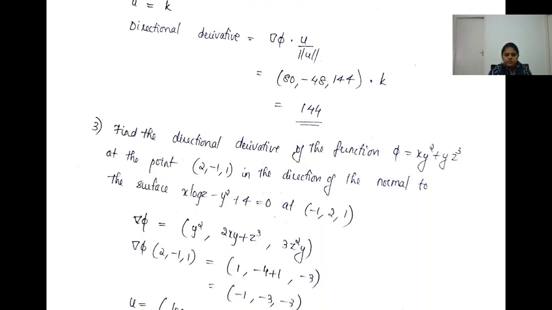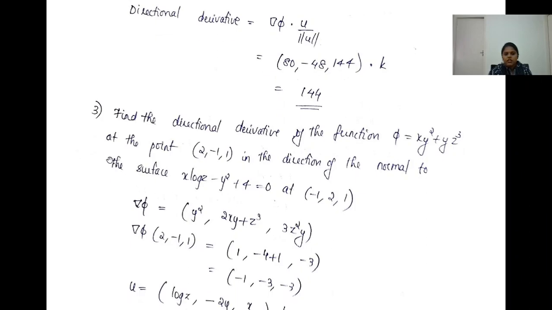And the next question: you have to find the directional derivative of the function phi equal to xy square plus yz cube at the point (2, minus 1, 1) in the direction of the normal to the surface x log z minus y square plus 4 equal to 0 at (minus 1, 2, 1).